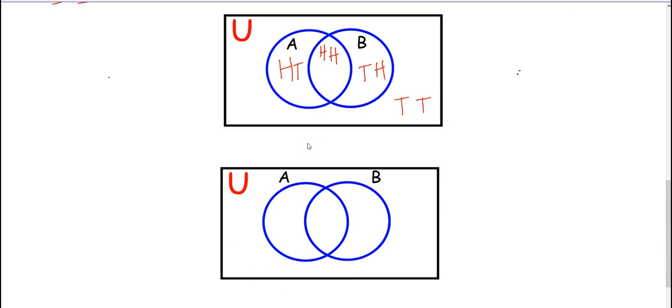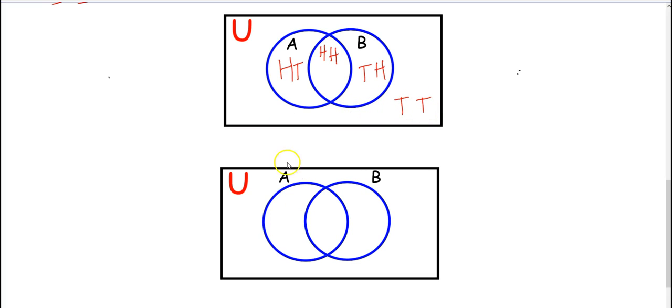Now let us find the probability of these events happening or taking place in a given scenario, like flipping of two coins. Okay, now what is the total number of outcomes here? I have 1, 2, 3, 4. All together we have 4 outcomes.